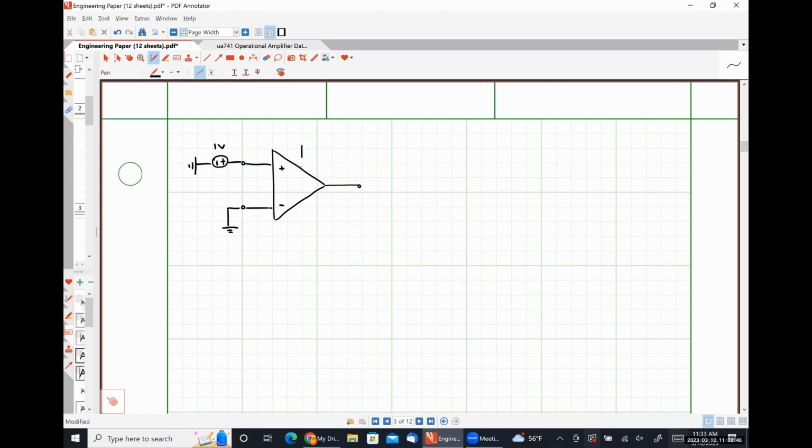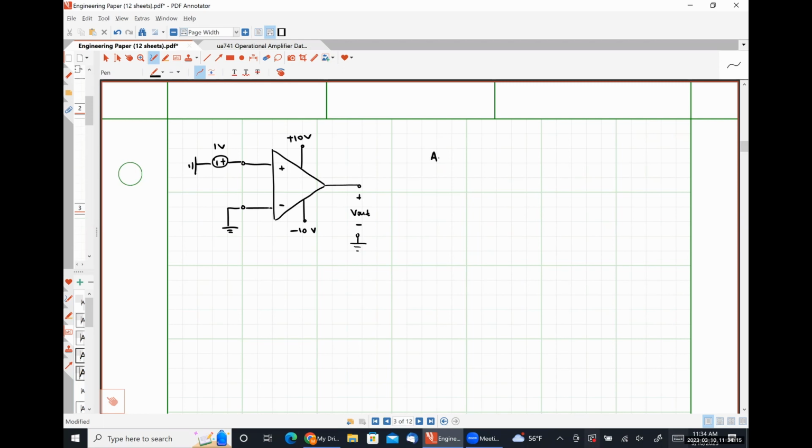I'm going to specifically specify here that I am applying 10 volts on the positive power supply terminal and negative 10 volts on the negative power supply terminal. And I'm going to measure my output voltage here with respect to ground, like so.